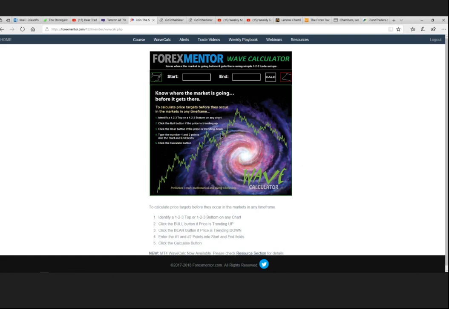Okay, so I just wanted to show everybody, if you don't have MT4, then you would be using the wave calculator that's on the website in the members area, and this is basically how this works. You would click the bull or the bear depending on which direction the market's going, and enter your start and end point. There's just two inputs, and you click calculate, and it automatically does the rest for you.